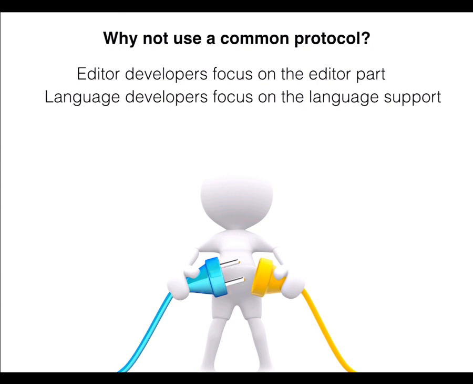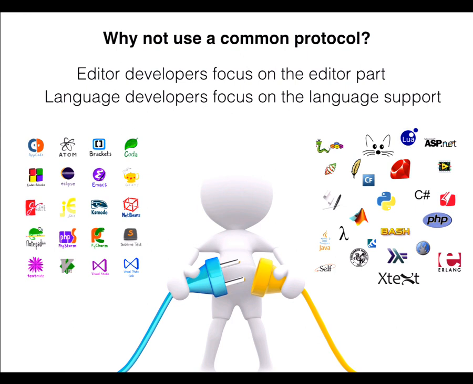The language server protocol is just that, the idea to have a common protocol that language compilers support, and on the other hand, editors support. And then hopefully you can just plug and play, and you get decent tool support.